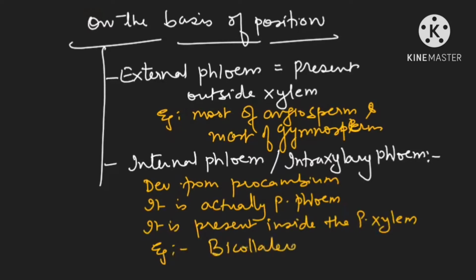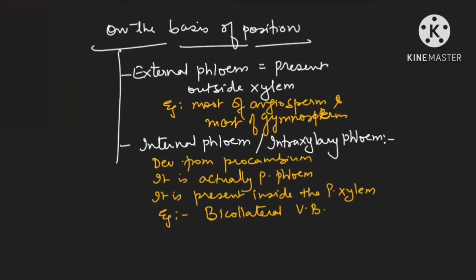So let me just explain to you. Check carefully the diagram I'm drawing. This is bundle 1, in which phloem is present on this side. This is the outer side, and this is the inner side. So phloem is present on the outer side, phloem is present on the inner side, and this is the xylem part.